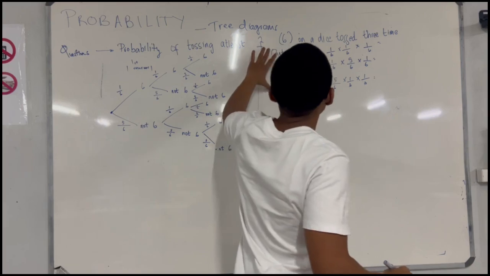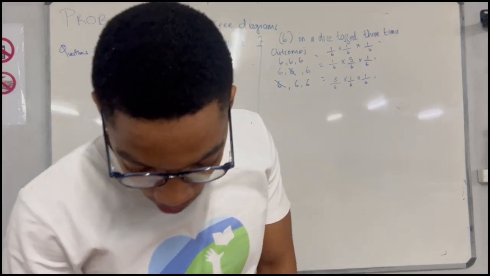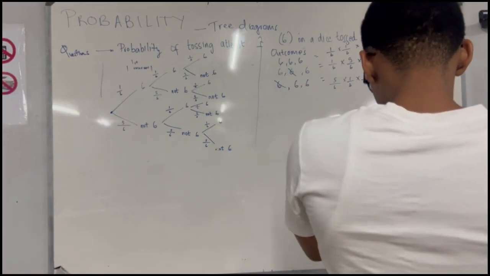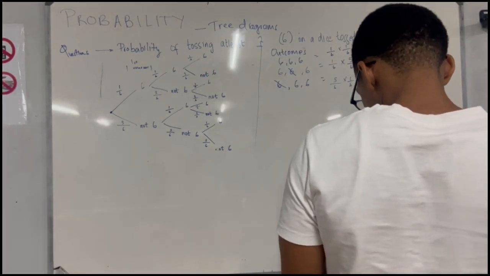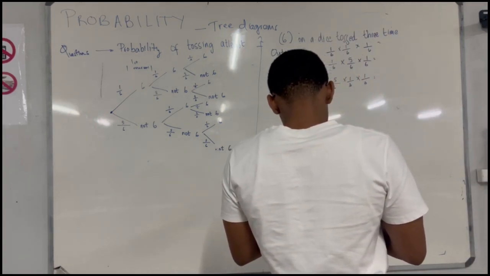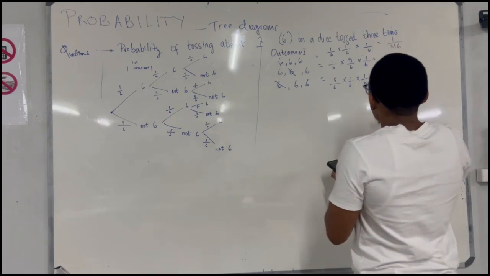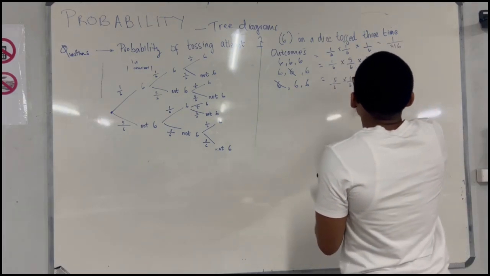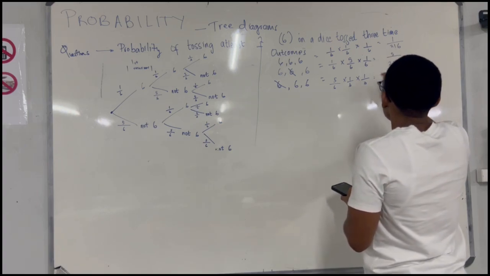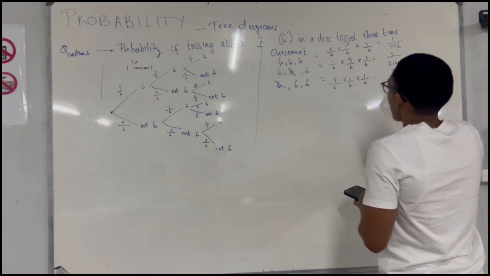So now we're going to calculate the outcomes for each. Grab your calculators. So we have 1 over 216, and 5 over 216, and 5 over 216.